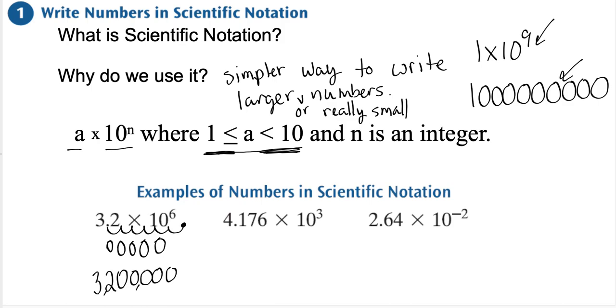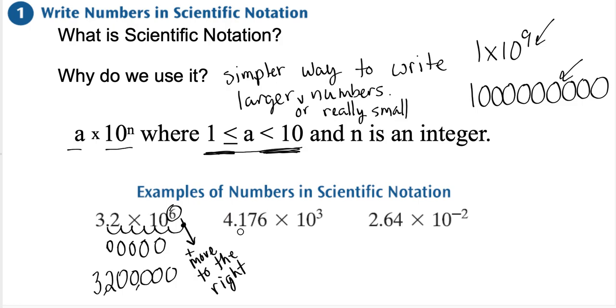If you want to associate things with directions, positive exponents move the decimal to the right.